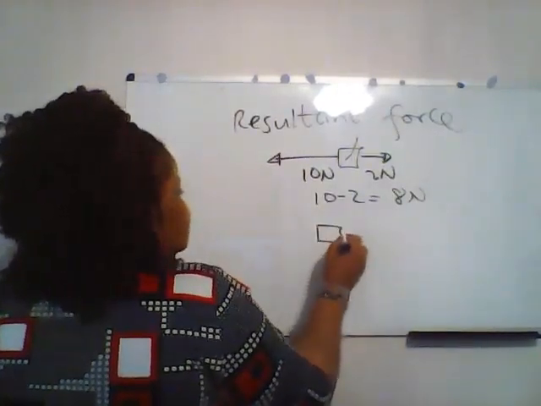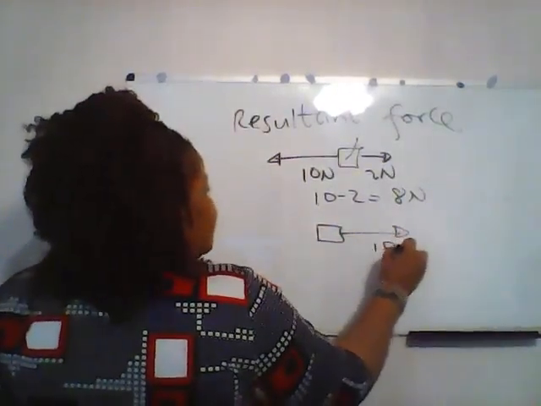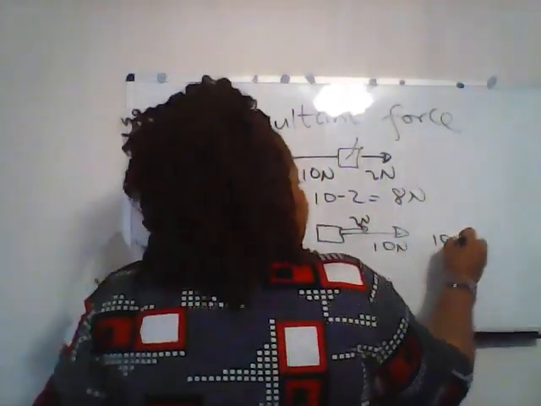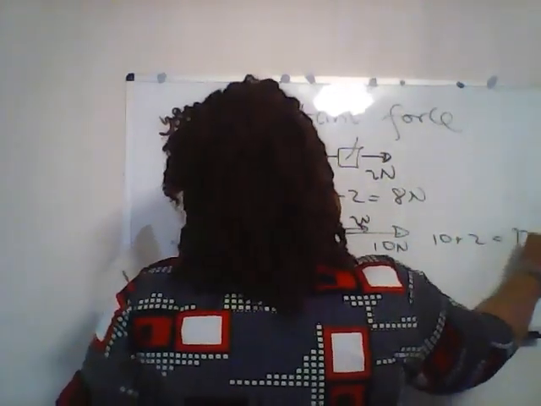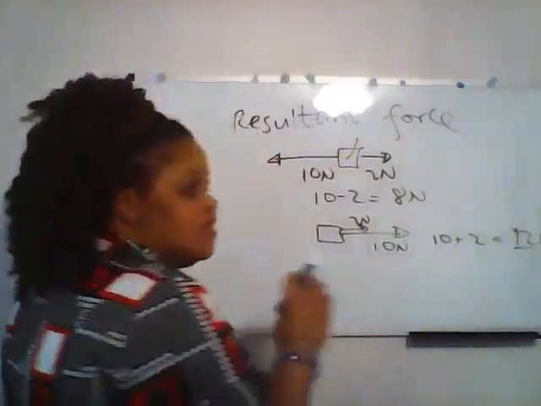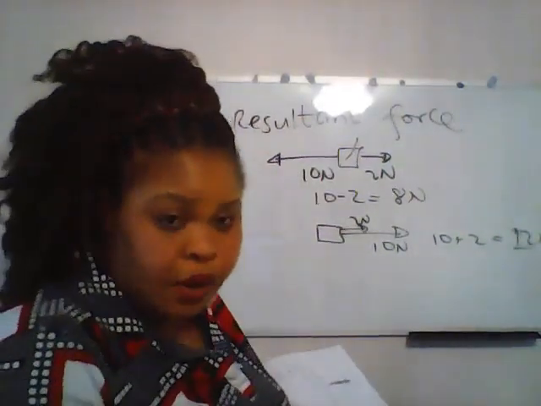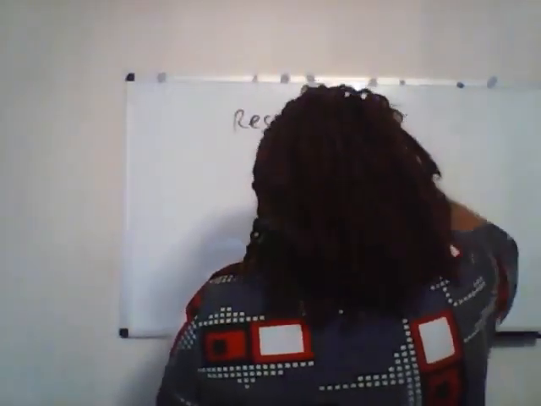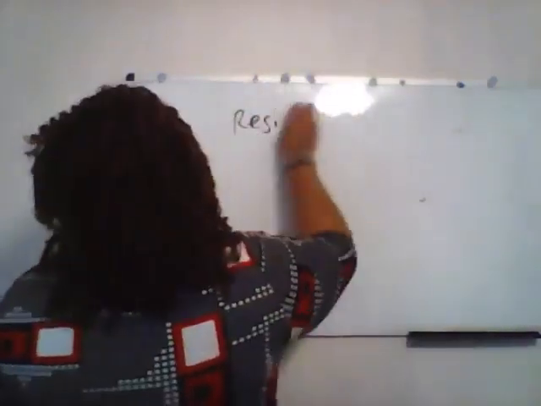However, if both were in the same direction, 10 newtons and 2 newtons, it is going to be 10 plus 2, which is 12 newtons. So if they are acting in the same direction, you add them up. If they're acting in opposite directions, you subtract them one from the other to get your resultant force. You subtract the little one from the bigger one.